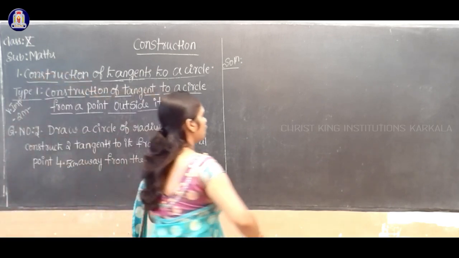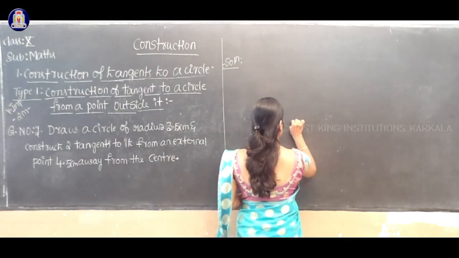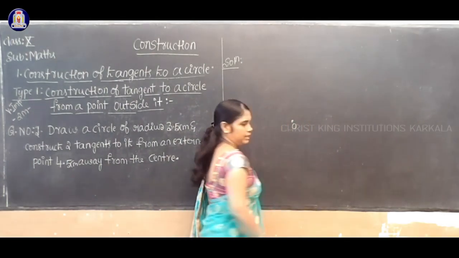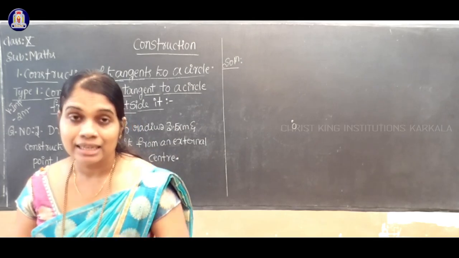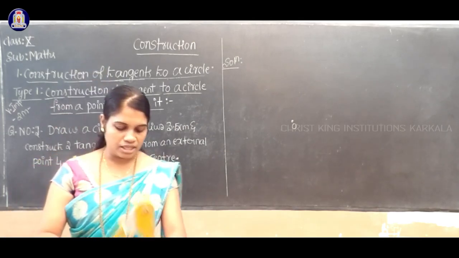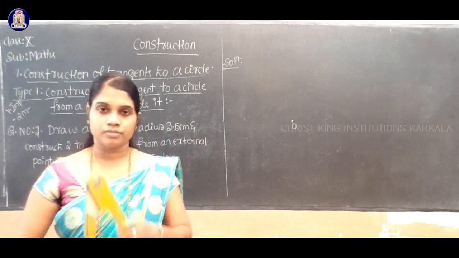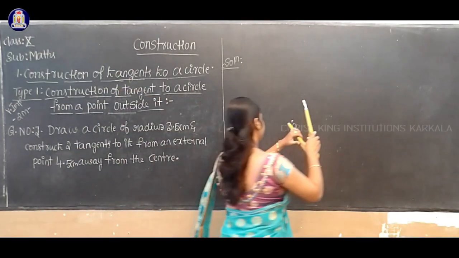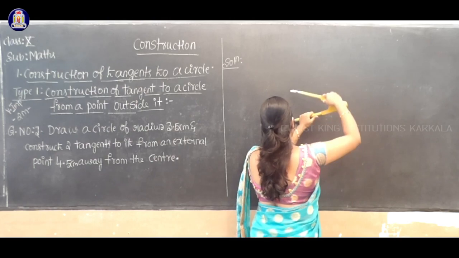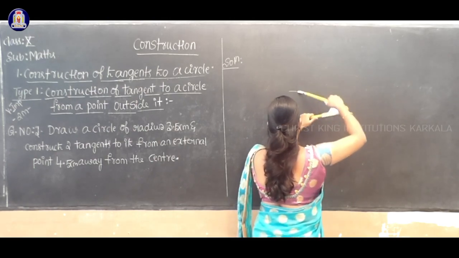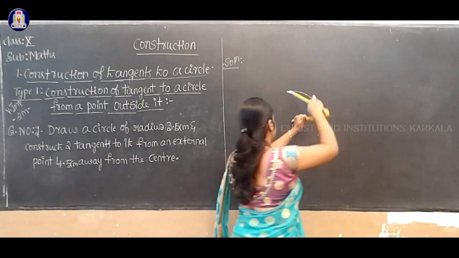First mark one center. So this is your center. Now take 3.5 centimeter as a radius and draw one circle.